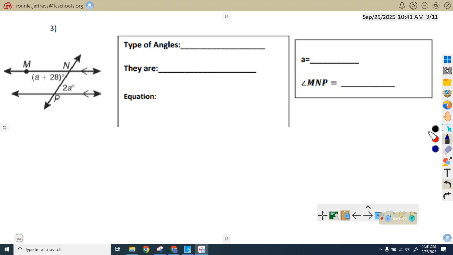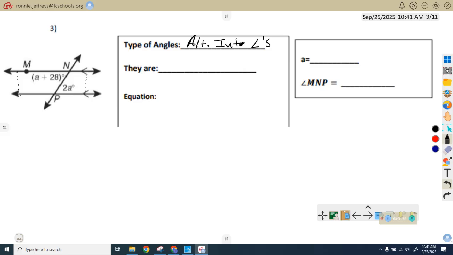All right. So type of angles. These are alternate interior. Okay, that's how you shorthand that. Angles. You could say alternate interior angles. The reason why they're interior, if you forgot or were too lazy to get your notes out from yesterday, that kind of makes a little box.